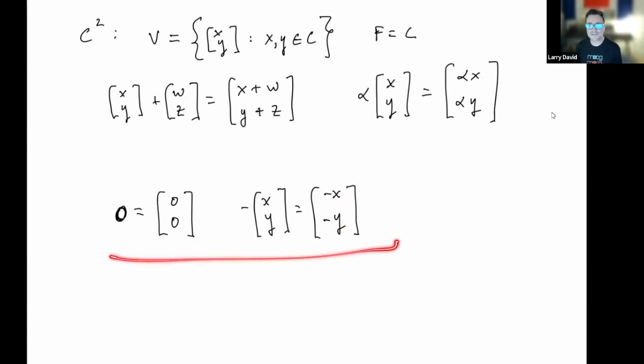These two things may seem obvious, which is maybe good, but it can also work against us if we assume that the zero vector and the additive inverse are going to be the same in every vector space.